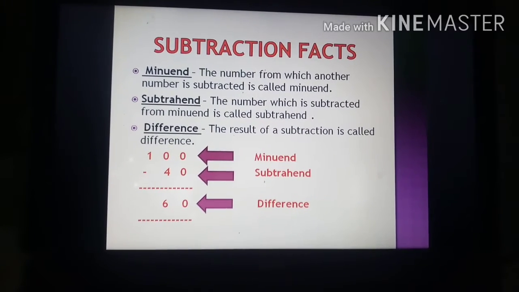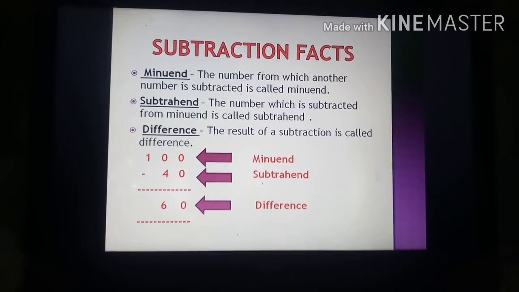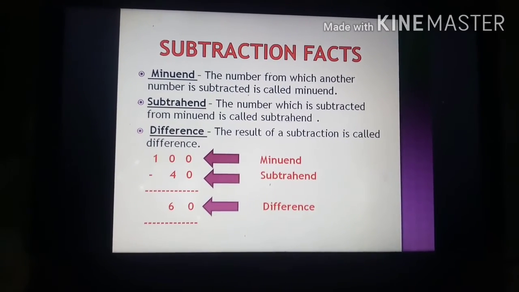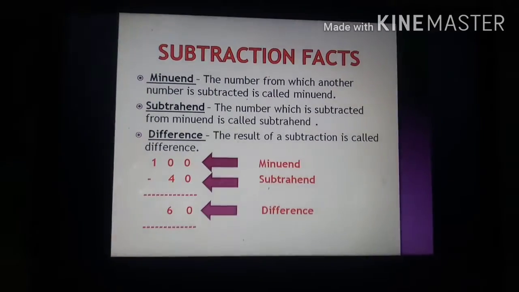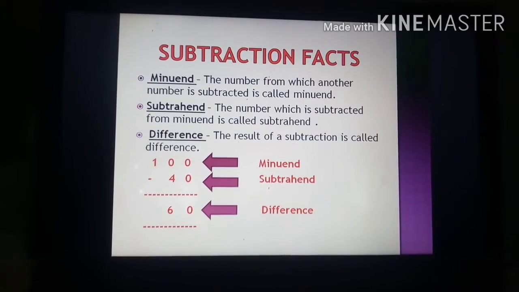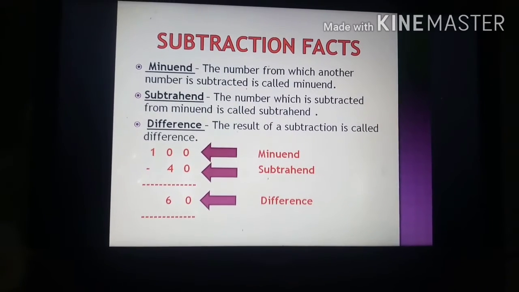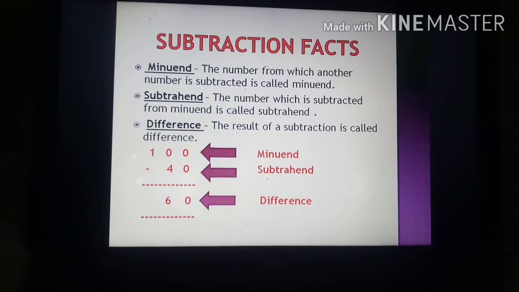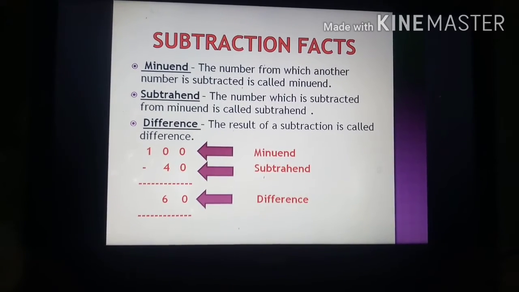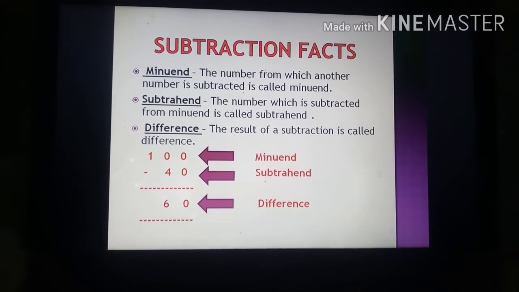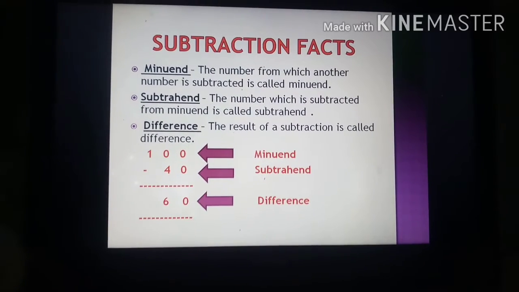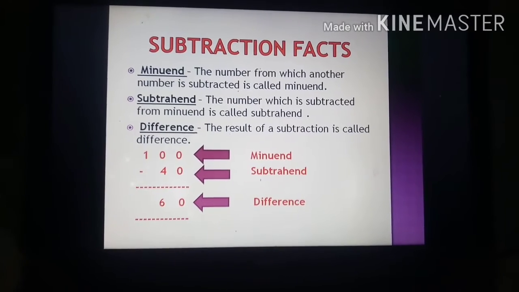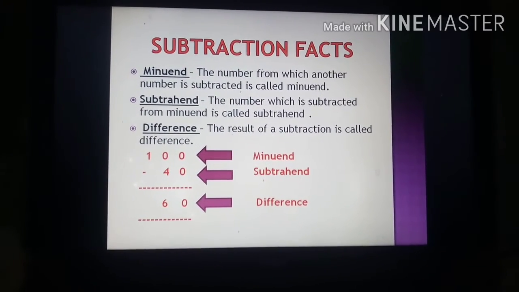As I told you, the bigger number is called minuend and the smaller number is known as subtrahend. So when we subtract 40 from 100, the answer will be 60, or we can say this is our difference. So related to subtraction, we should know about minuend, subtrahend, and difference.